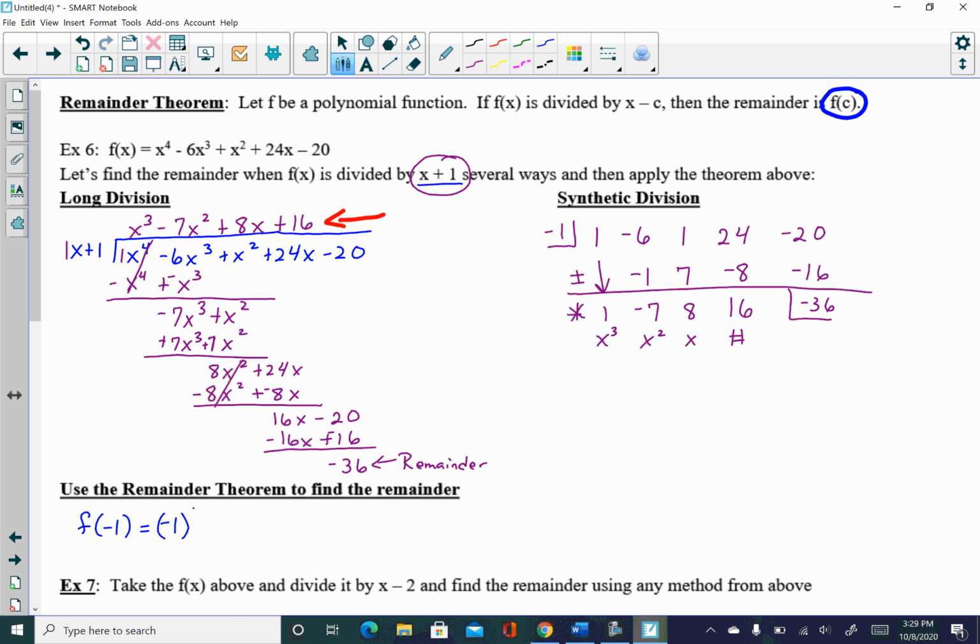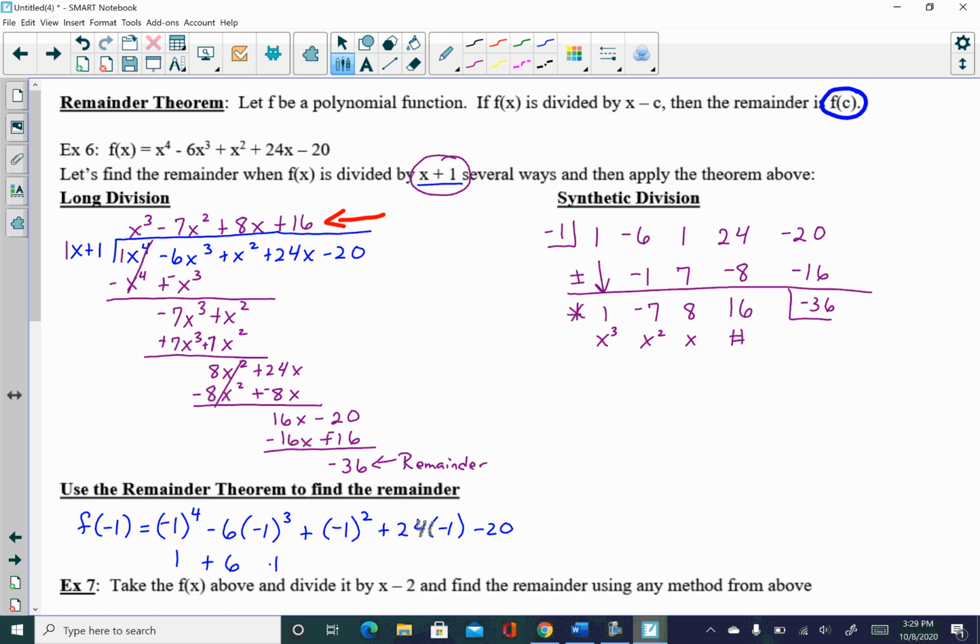So I have -1 to the 4th minus 6 times -1 cubed plus -1 squared plus 24 times -1 minus 20. And then just work through that. So this is going to give me a +1. If I take a -1 and I cube it, I get -1 times -6, so that's going to be a +6.